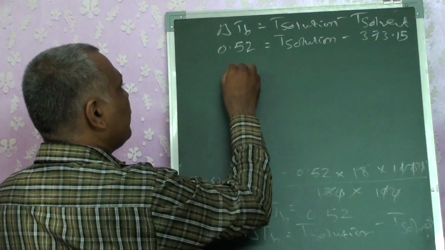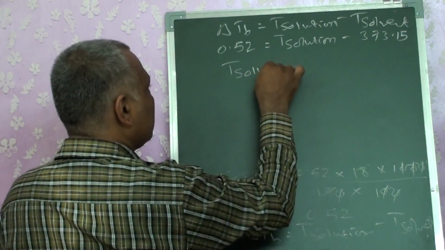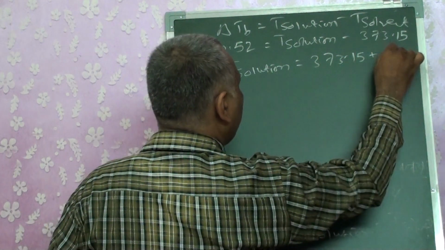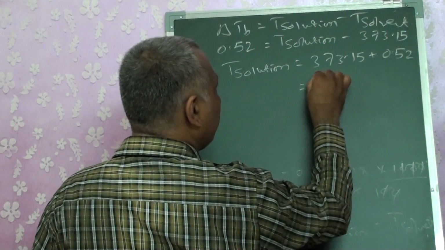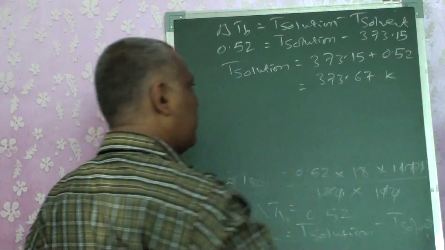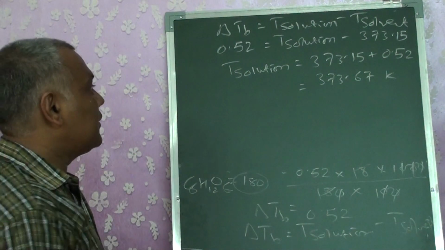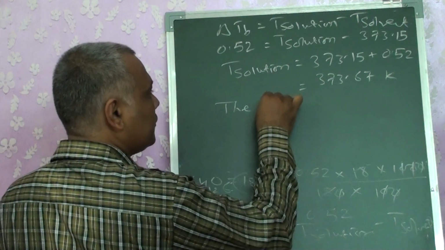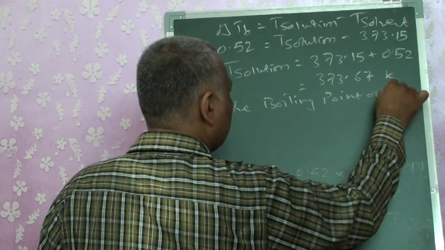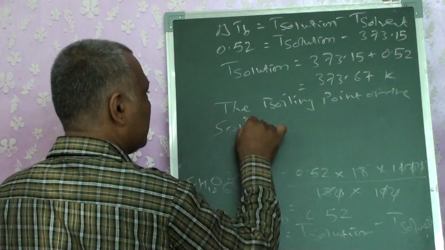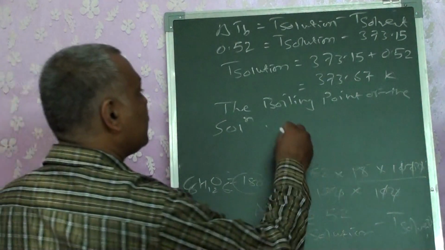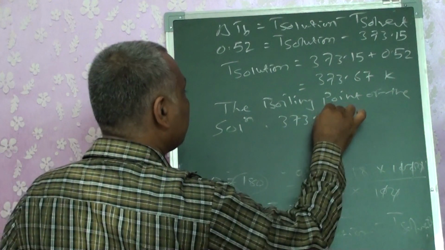So if we substitute, T solution is equal to 373.15 plus 0.52. We get 373.67 Kelvin. The boiling point of the solution is 373.67 Kelvin.